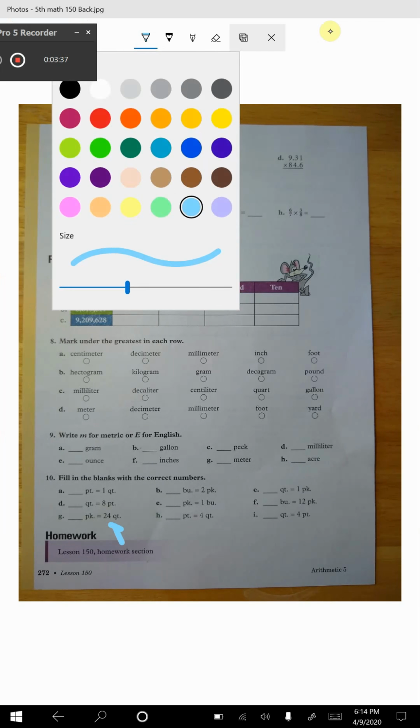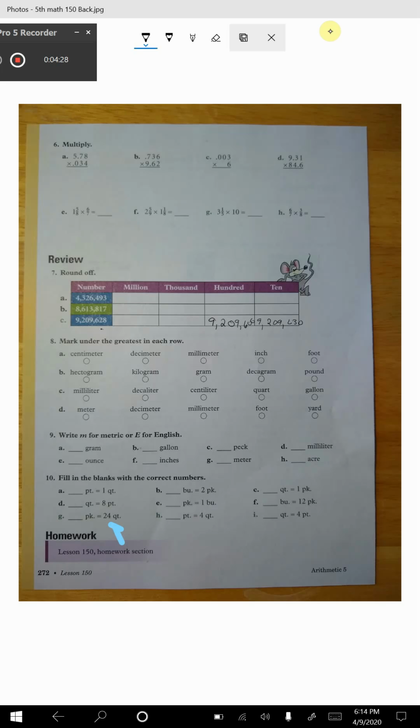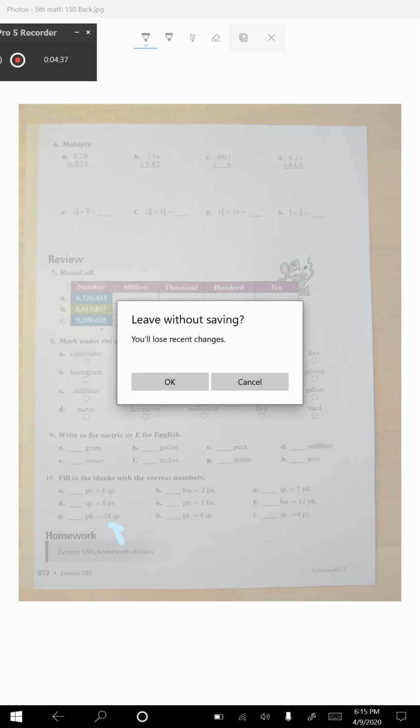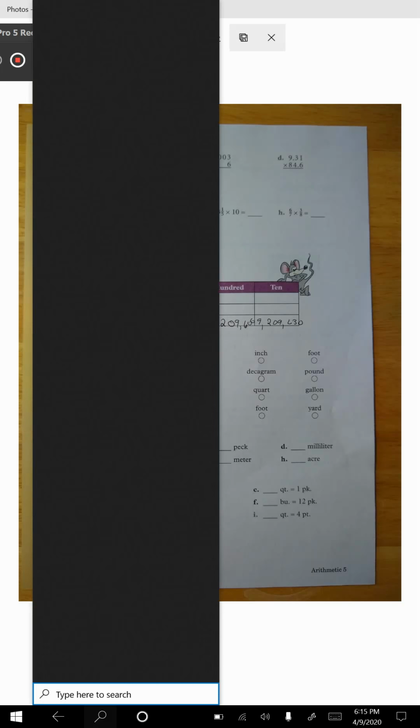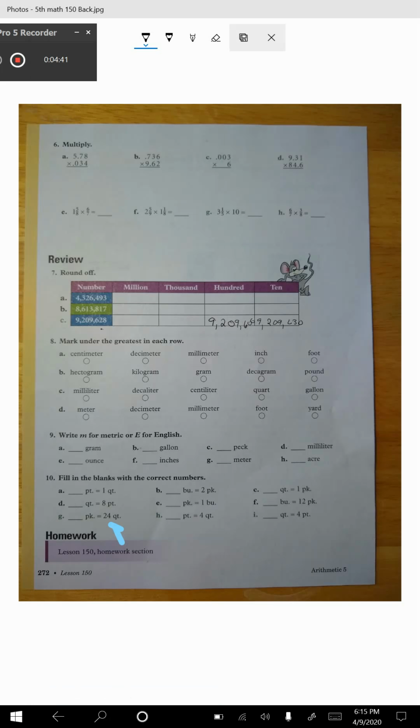All right. Mark under the greatest in each row. Let's look at these. These are confusing because they go back and forth between English and metric, which can be a little bit confusing. So I'm going to help you on this bottom section, okay? All right, so we have a centimeter, a decimeter, millimeter, inch, and a foot.